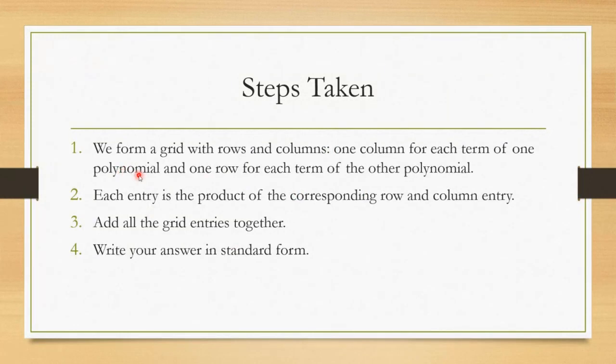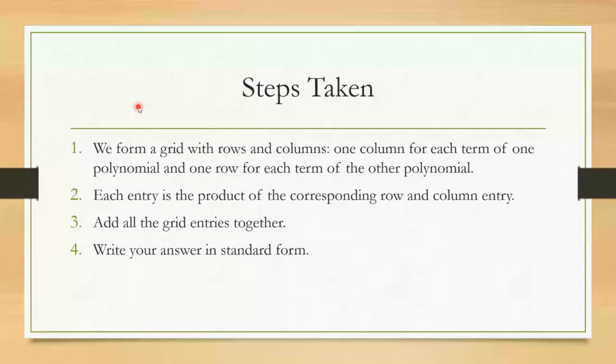So what you basically do is you're given two polynomials, right? And you have to multiply them. You're going to form a grid with rows and columns. From one polynomial, you'll get the columns, namely each term in one polynomial gives you a column. For the other polynomial, each term will give you a row.